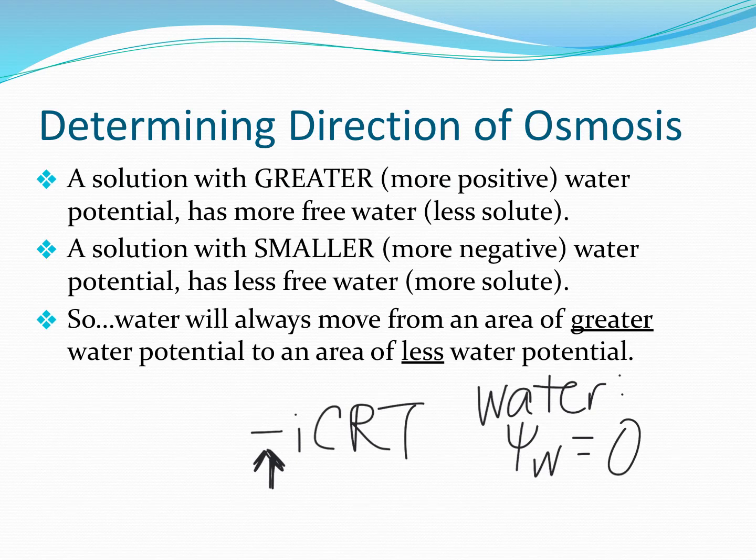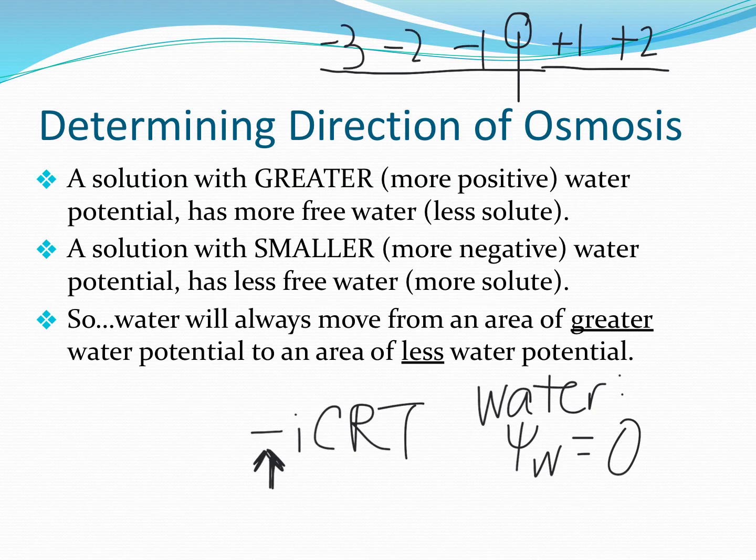So when I think about water potential, think about it on a number line. If this is zero, there are no positive water potentials that exist. It's not possible for something to have a positive water potential, which means the greater water potential is always the less negative one.